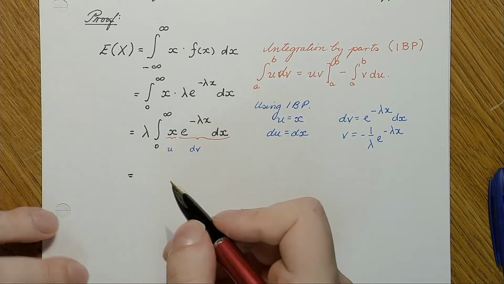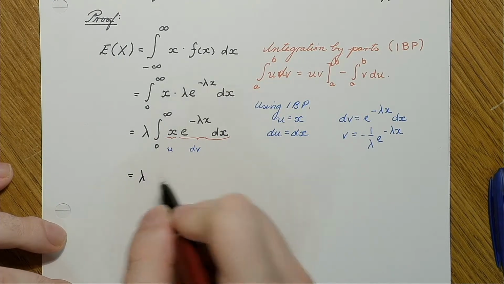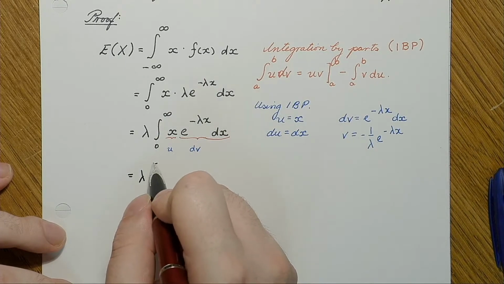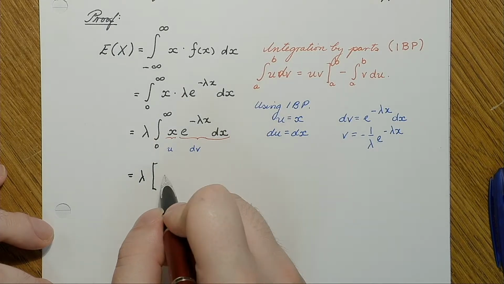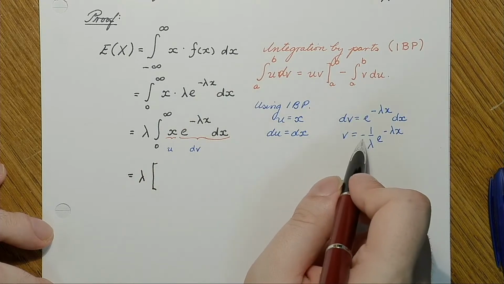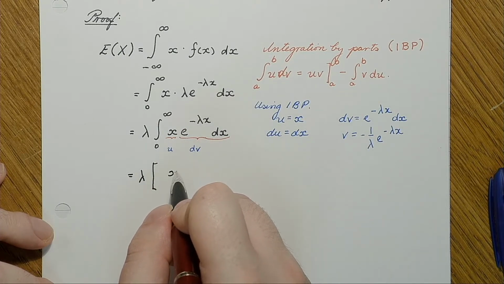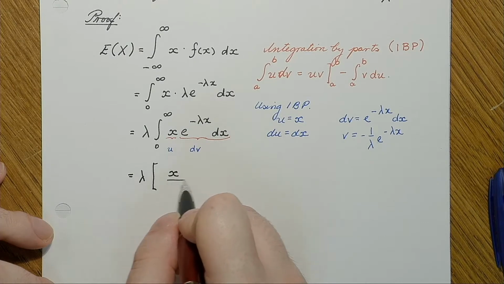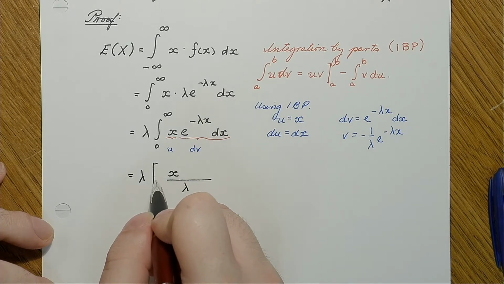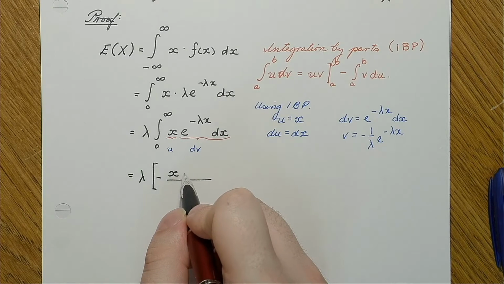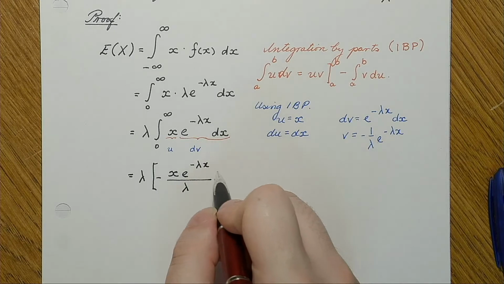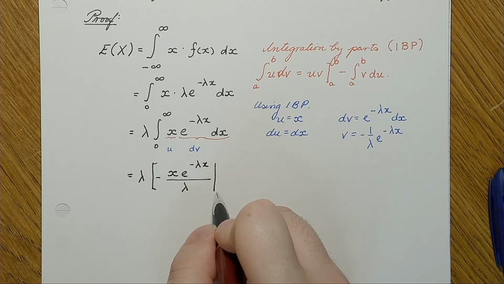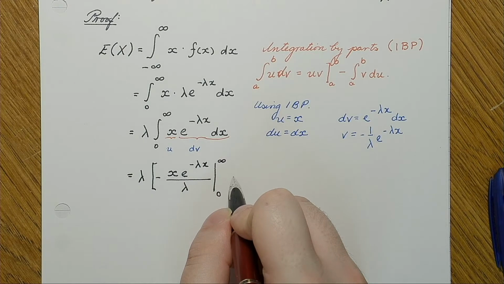So what I'm going to do is I'm going to start applying the rule then, integration by parts. So I have my u and v. So I have a minus, so I have x, I have my lambda on the bottom there, I have a negative, and I also have e to the minus lambda x, going from 0 to infinity.